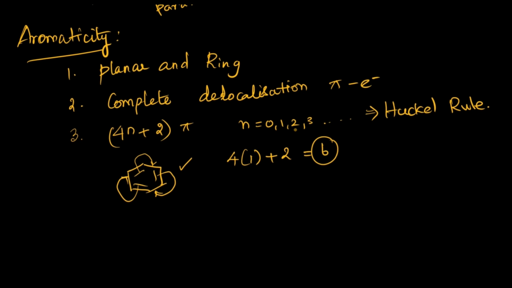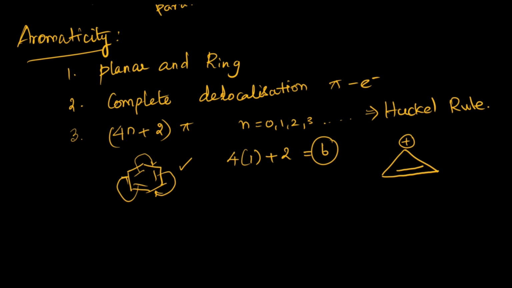Any other examples you can tell me for an aromatic compound? Yes, I can. For example, a system like this, which is closed and planar, that is having 2 electrons in it. It can undergo delocalization. It is having 2 electrons in it. So if I substitute n is equal to 1, you will end up getting 2.